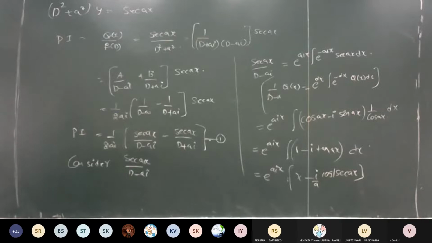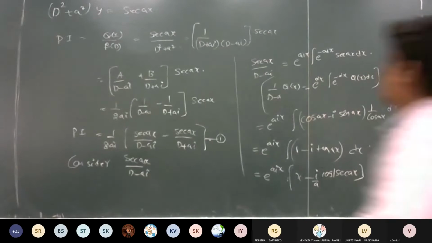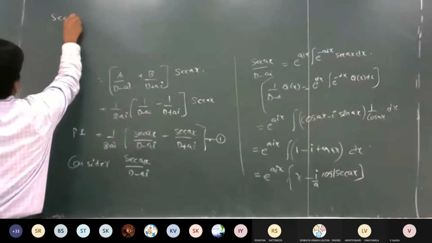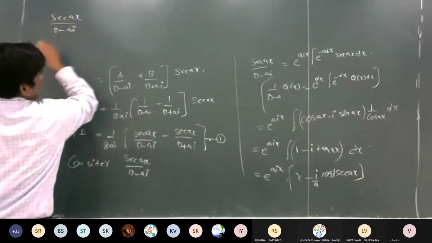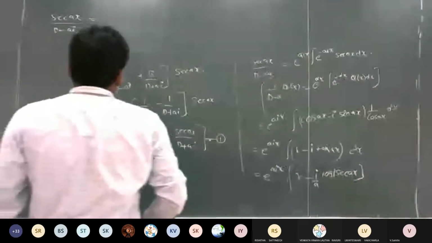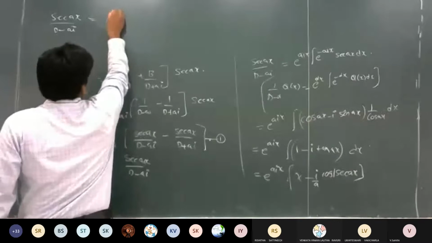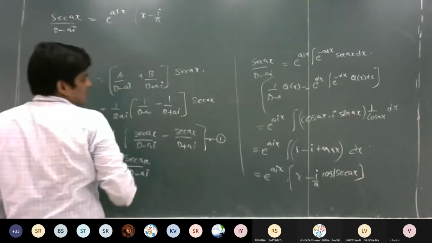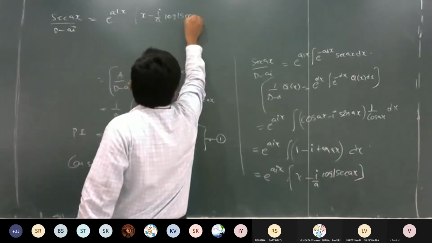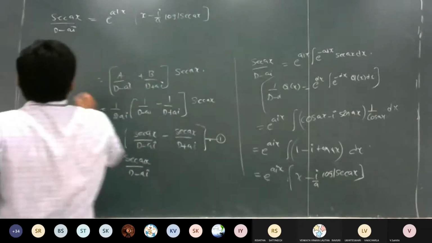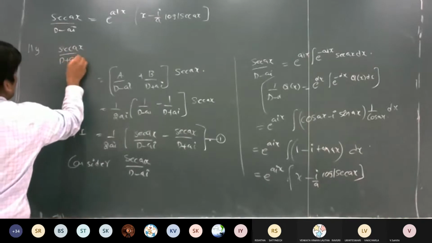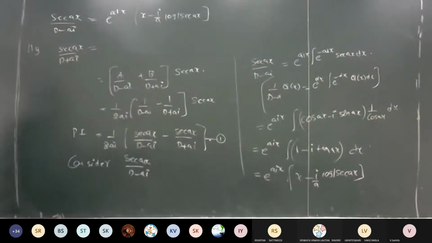Therefore sec ax by (D − ai) is equal to e^(aix) times [x − (i by a) log|sec ax|]. Similarly, for sec ax by (D + ai), just replace i by minus i.